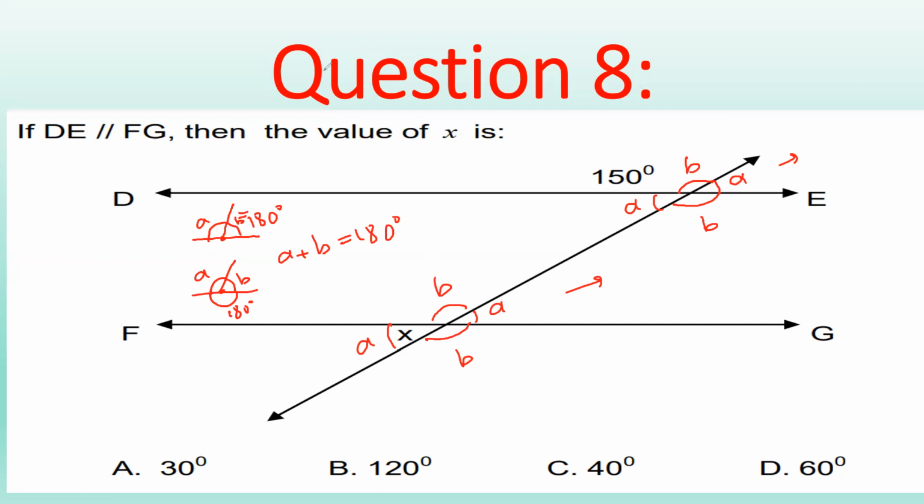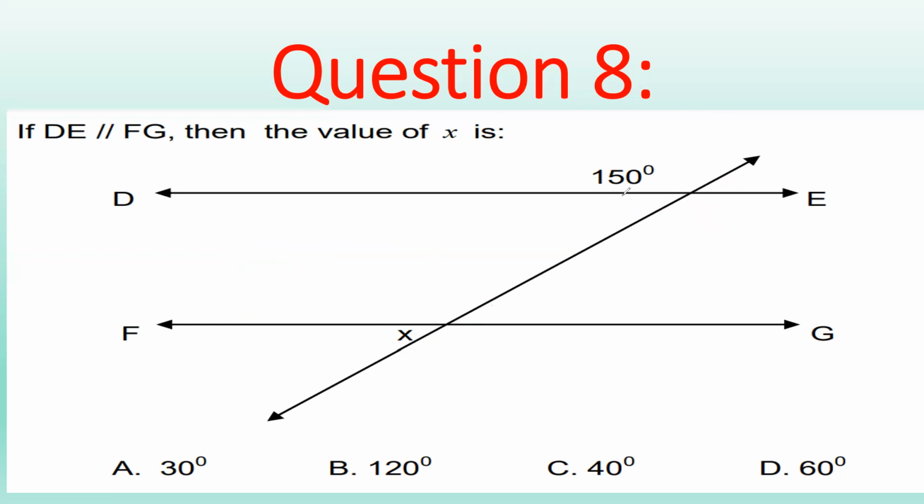A, B, C, we don't need anymore; we wrote them just to understand. Now, if you see 150 here, check this point. All together this is 180, right? But 150 is gone on this side. So how am I going to calculate this angle? 180 degrees minus 150, and you get 30 degrees.